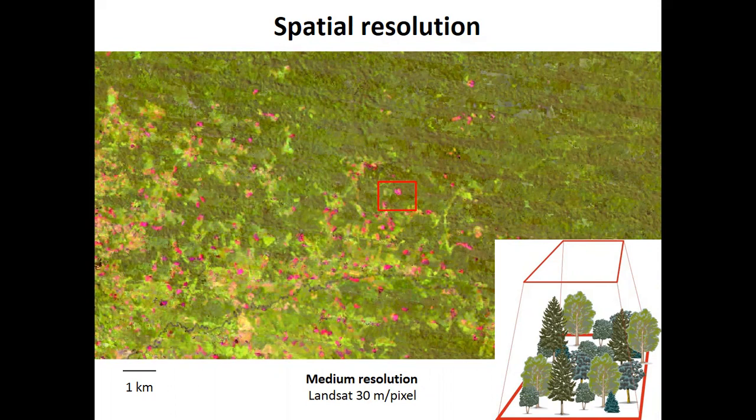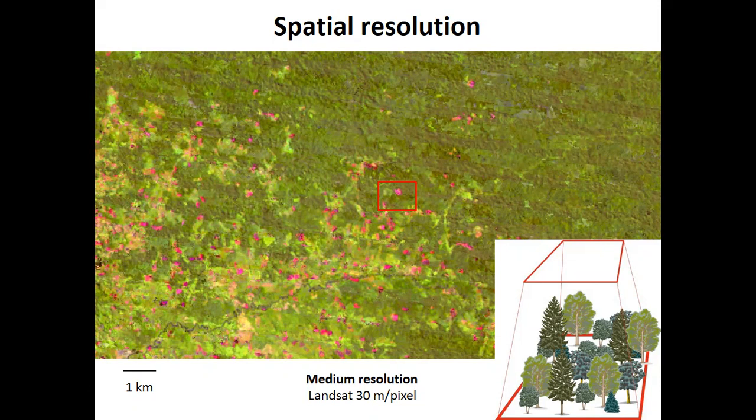And then it means that it will show us the average intensity of light reflected from different tree species. For example, it will be a mixed signal from coniferous trees and deciduous trees, and sometimes you could think that it is maybe not very good.